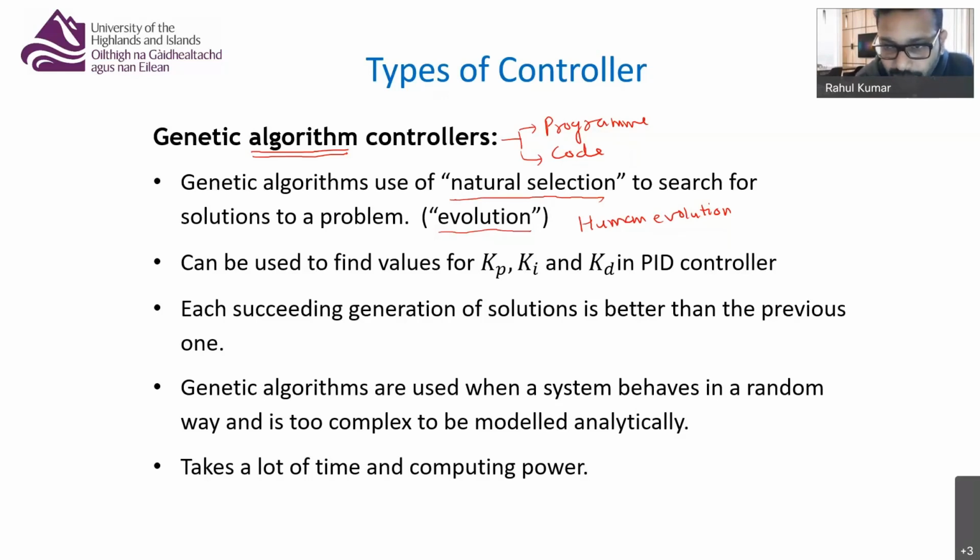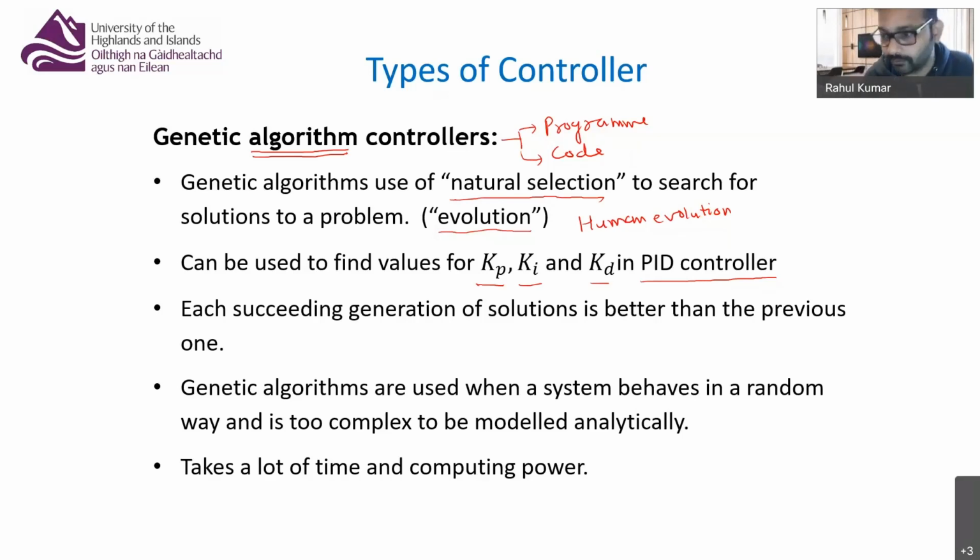For example, if we use this genetic algorithm to find the values of Kp, Ki, and Kd in a PID controller, it can be used to find these constants. It will try to identify the best possible values of Kp, Ki, and Kd and then try to use them for another set of input.